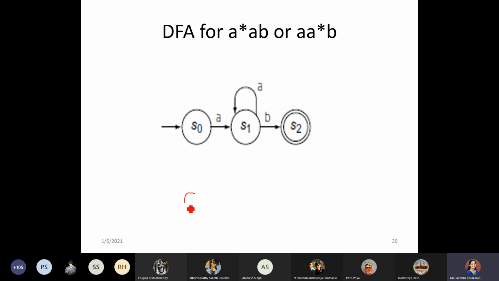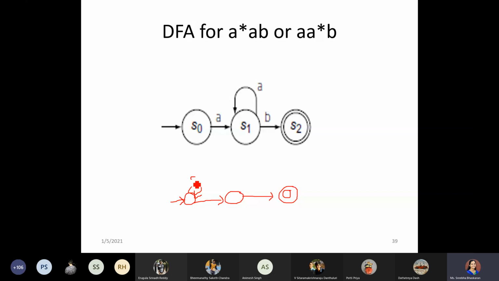So it was like an initial state, a self loop. Second state, final state.